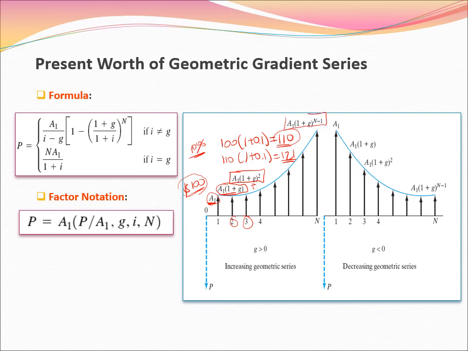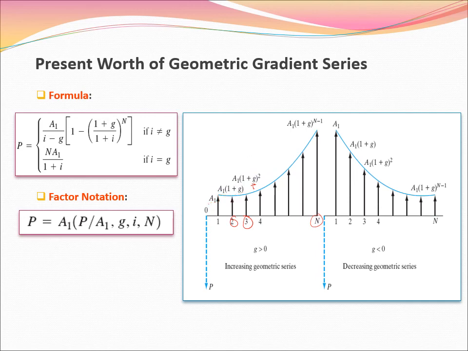The last payment would be to the power of the number of periods minus 1. If this is the case, we call this a geometric gradient series. Our payments or earnings are increasing geometrically, and this shape represents an increase of, let's say, 10% in our earnings.